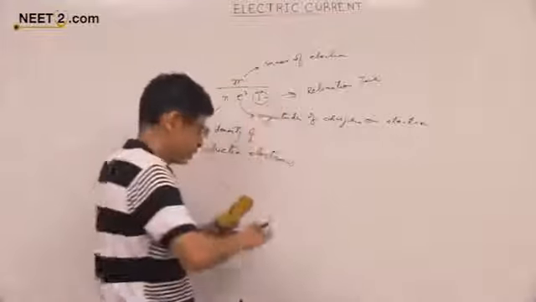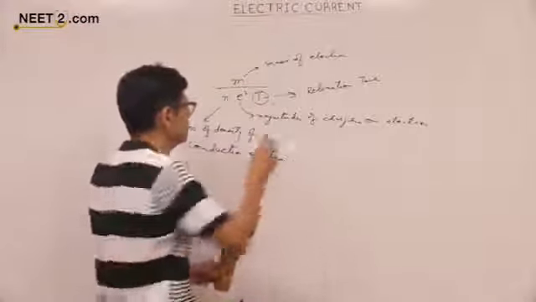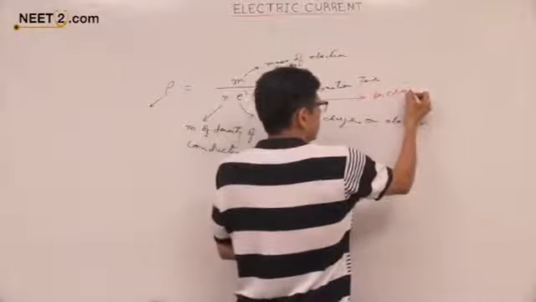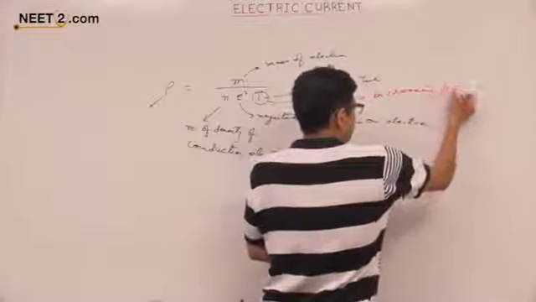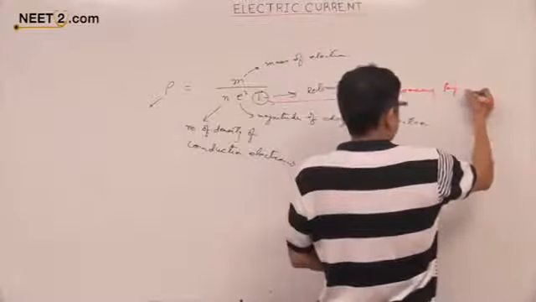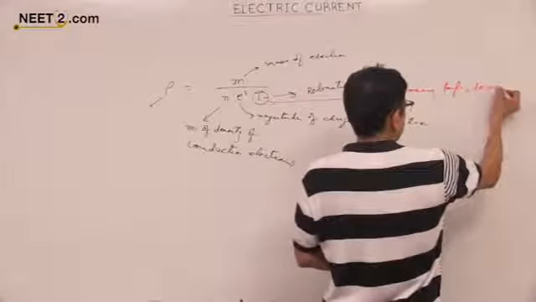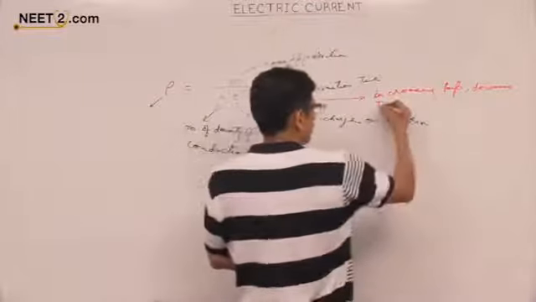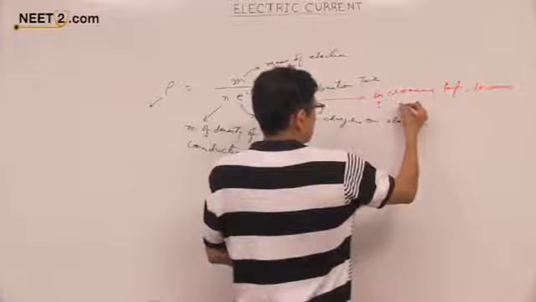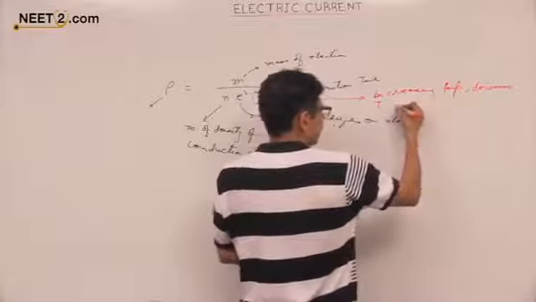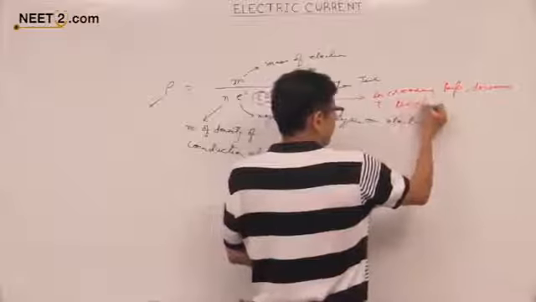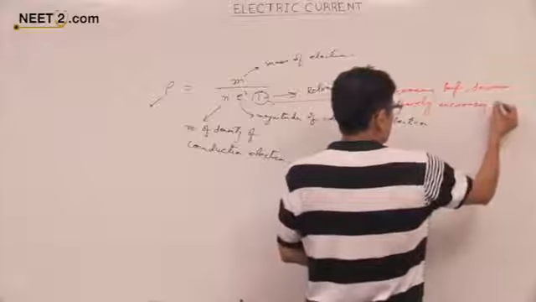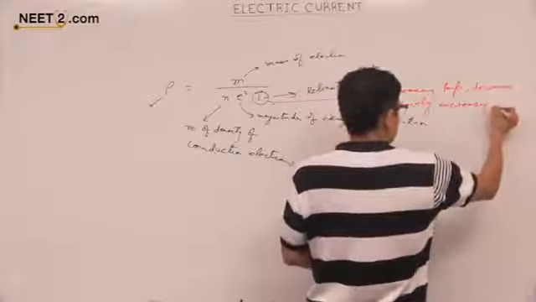So increasing temperature decreases tau, the relaxation time, thereby increasing resistivity.